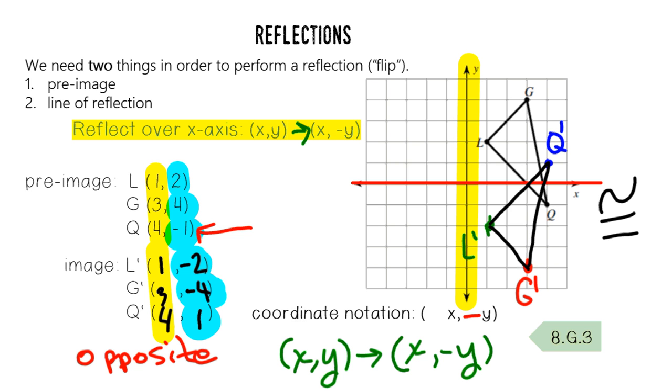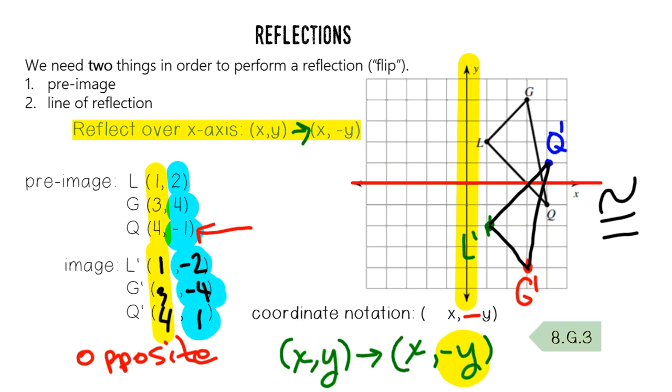The y does. That is why our y has changed. This shape has moved in a vertical direction. Did my shape move to the left at all? Nope. Did my shape move to the right at all? Nope. There was no horizontal movement. That's why the x has remained the same.